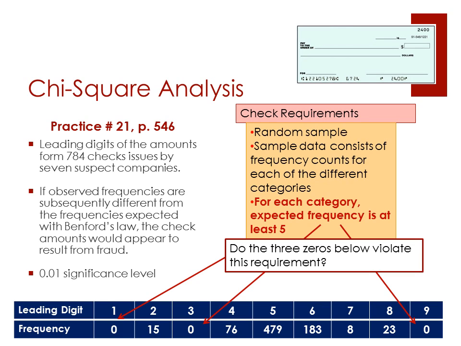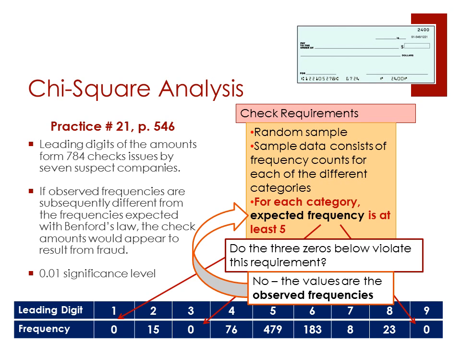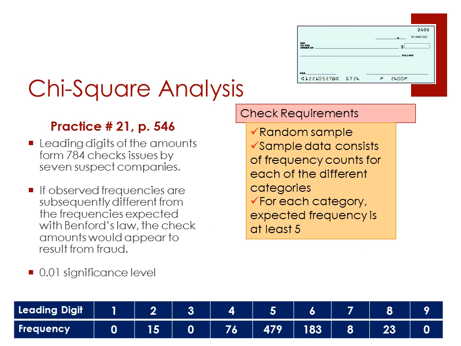Now we have 4 zeros here in our data set. Do the 3 zeros below violate this requirement? No, they do not. These are observed frequencies, and the criteria that we're looking at here is set for the expected frequencies. So we do have all of our requirements for proceeding forward.